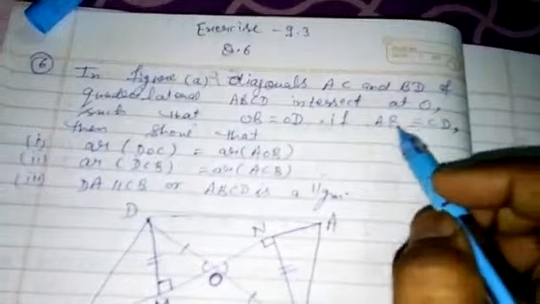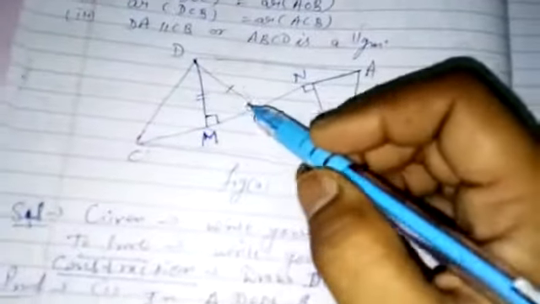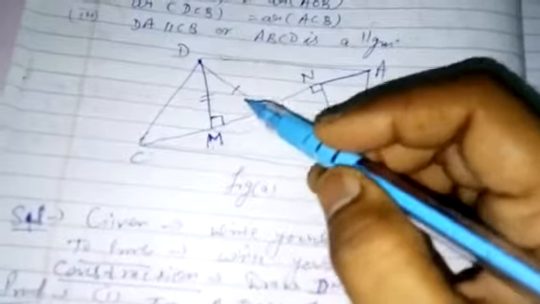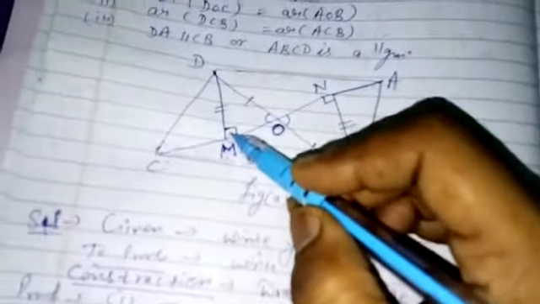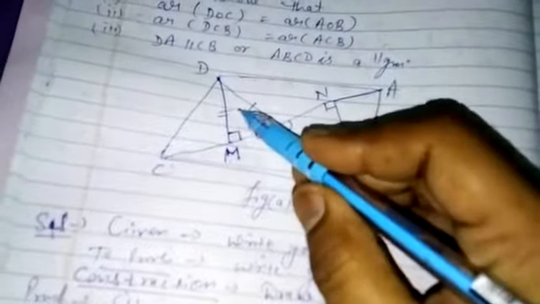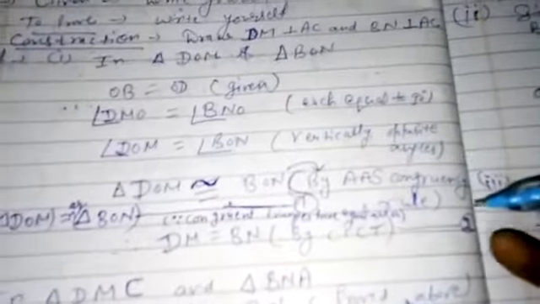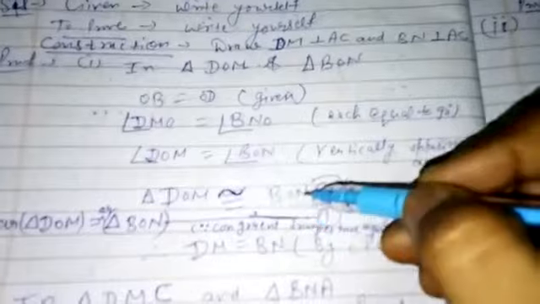This is also given, and AB is equal to CD is also given. So here we proved two angles and one side. By the angle-angle-side congruency rule, we can say that triangle DOM is congruent to triangle BON.